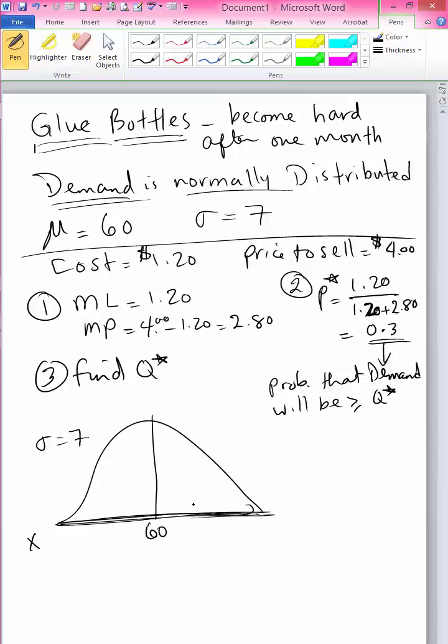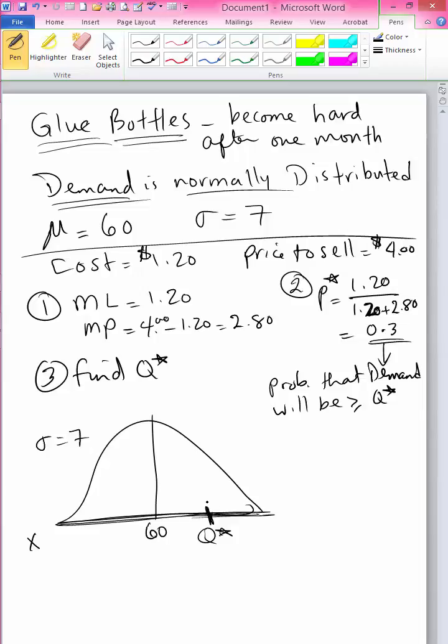So I want to know how many of these bottles of glue I should buy so that my marginal loss and my marginal profit essentially balance each other out. Now that Q star must be to the right of the mean, somewhere over here. I don't know what its quantity is right now, but I'm going to solve for it.